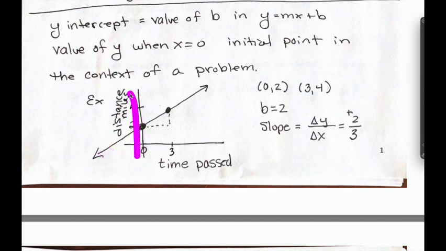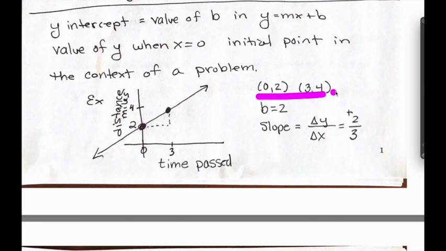We don't talk about what happens on this side of the graph. We're only looking at the positive side. So on the y-intercept, we're starting at the point 0. That's why it's called our initial value. So when we're talking in the context of a problem, our b is going to be the initial value, which is really the y-intercept. So my b in this case would be 2.